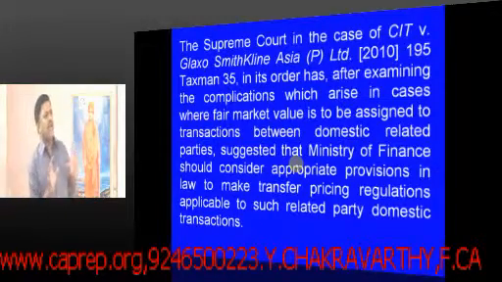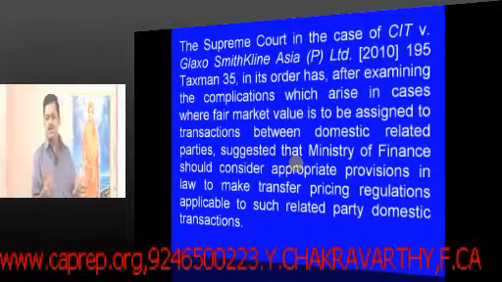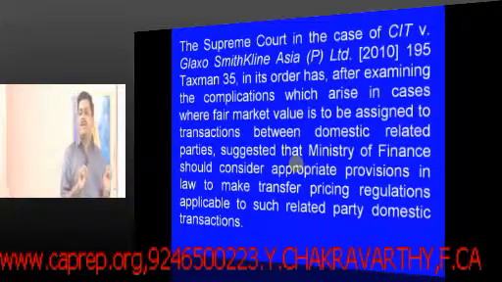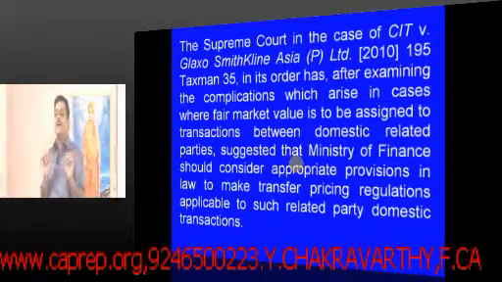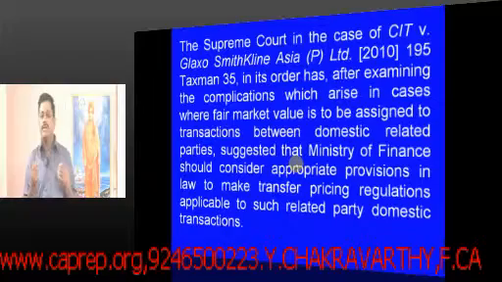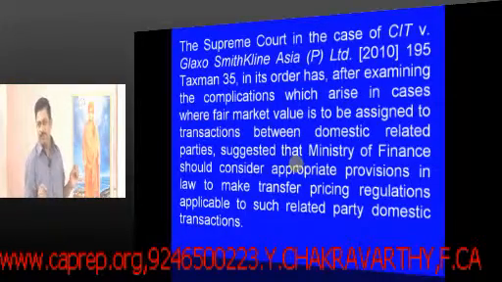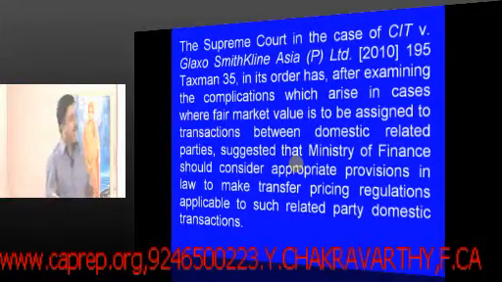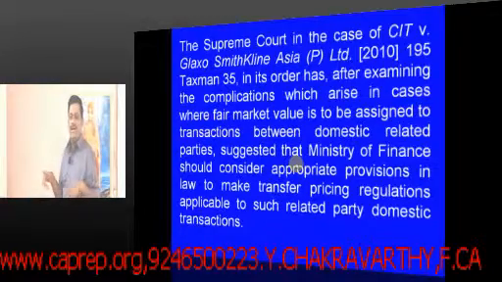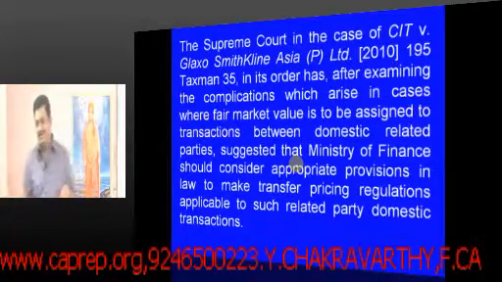See, earlier what is it? Simple concept. If it is a related party transaction, if it is not done at a fair market value, then you can invoke 40A2. But what is fair market value, how to look at it, is not clearly laid down in the law.